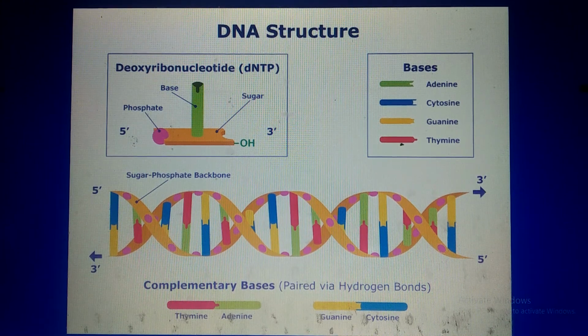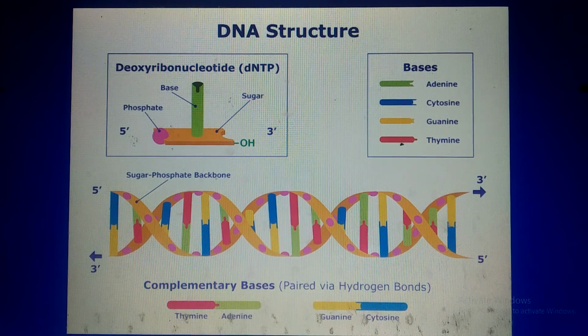And a nucleoside consists of 2 groups, nucleoside plus phosphate group makes a nucleotide. Now, what is the difference between nucleoside and nucleotide? A nucleotide consists of 3 groups, and a nucleoside consists of just 2 groups: ribose or deoxyribose sugar plus a nitrogenous base. In a nucleoside, just deoxyribose sugar plus nitrogenous base is present.